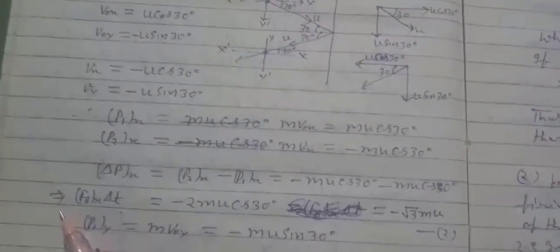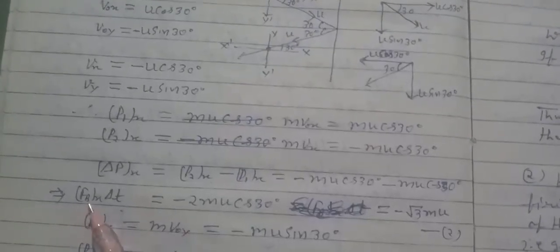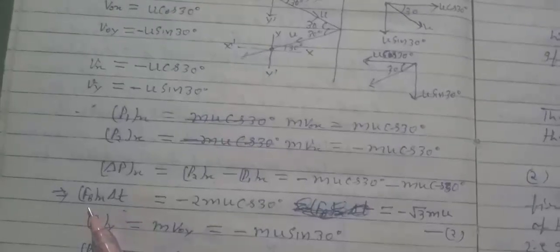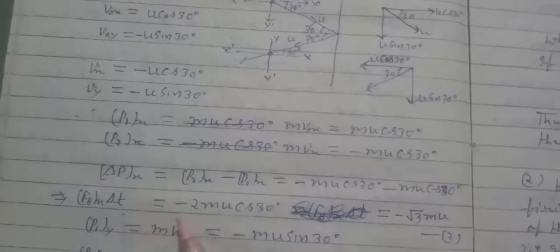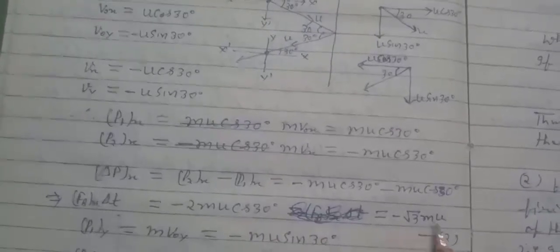We know that change in momentum is equal to the force applied times the time interval. So Fbx into delta t equals minus 2 mu cos 30 degrees equals minus root 3 mu.